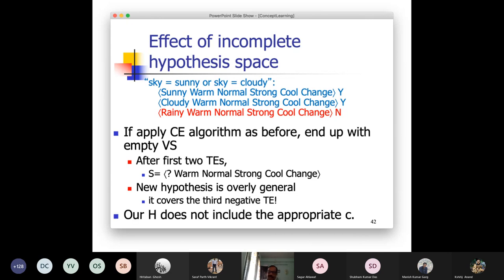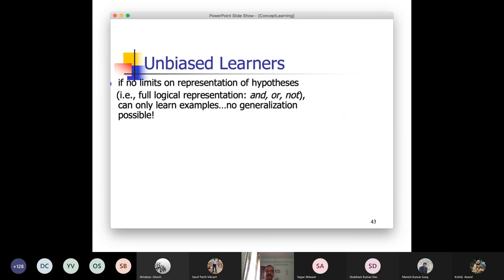Our hypothesis space does not include this target concept, so you will not get this target concept. So there are certain assumptions that need to be true over the training example sets or over the space. You need a more expressive hypothesis. Now, there is always a catch. When you have a more powerful representation, you may land up in a situation that is not useful for your representation either.